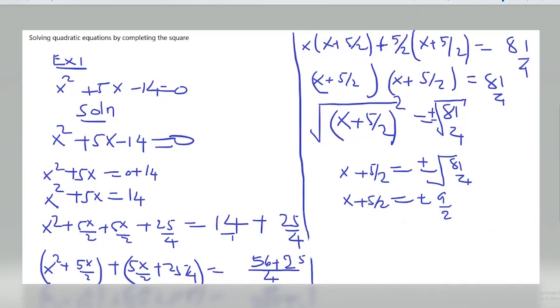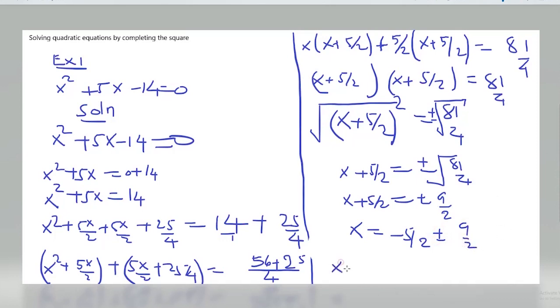Then move 5 over 2 to the other side. Now x is equal to negative 5 over 2 plus or minus 9 over 2.